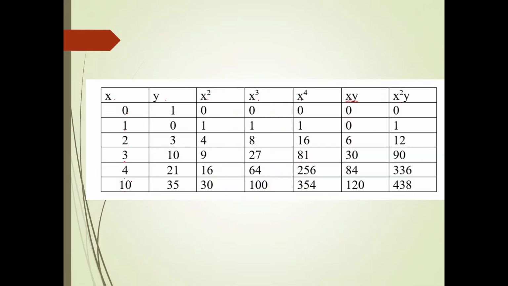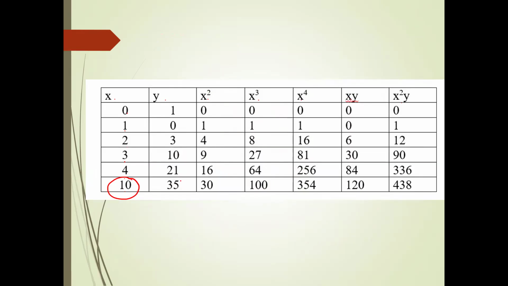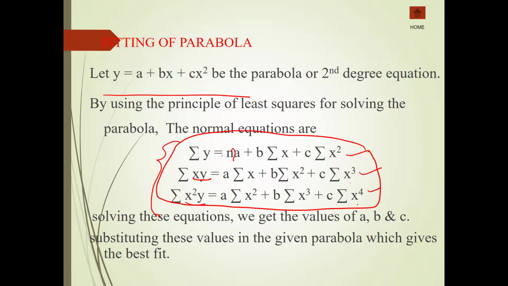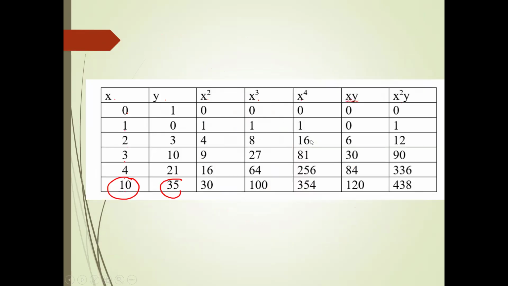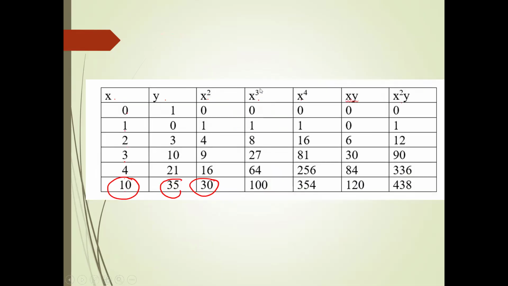Next you see here, 10. So 10b. What is the x square value here? The x square value is 30. So 30c is equal to the summation of y, that is 35.